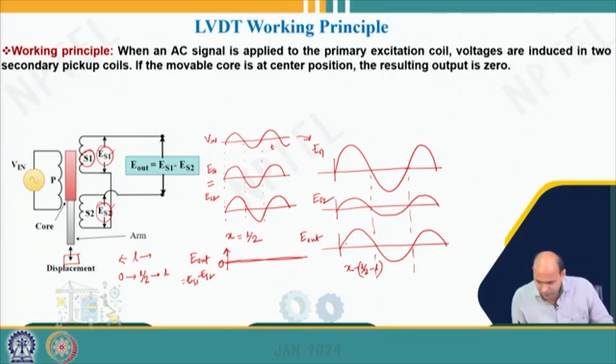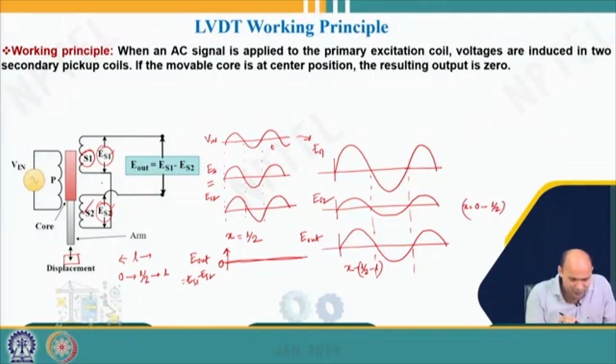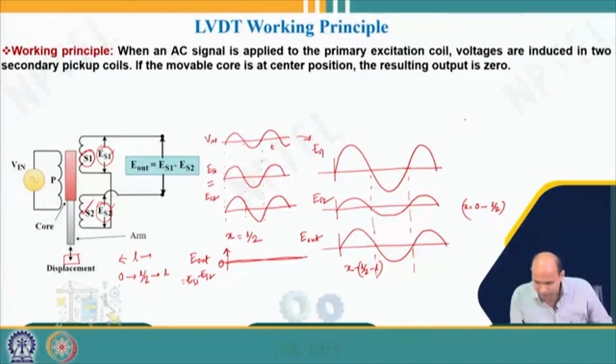Fine. Now if X is between 0 and L by 2, that means X is towards S2, then what will happen?